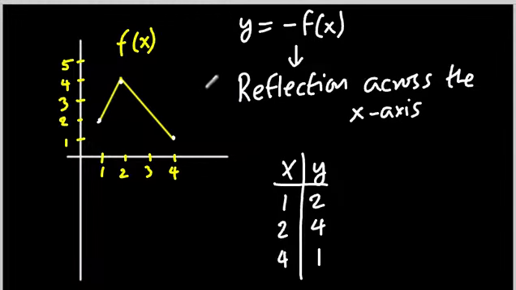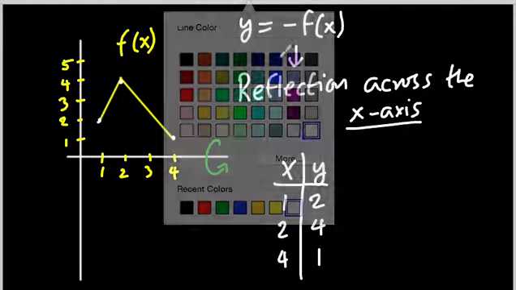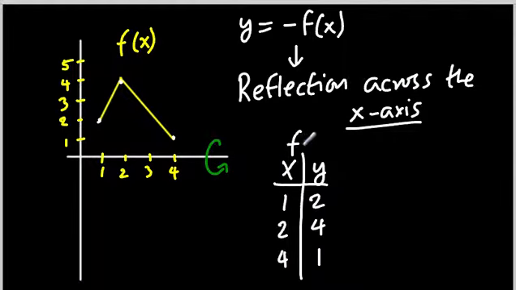So even though the y's change, remember that it's a reflection across the x-axis. In other words, all these points will be reflected across this axis. And like we said before, this affects the y's, but it does not affect the x's. So this xy belongs to f of x. And if I transform the function to -f of x, how does that change the xy table?